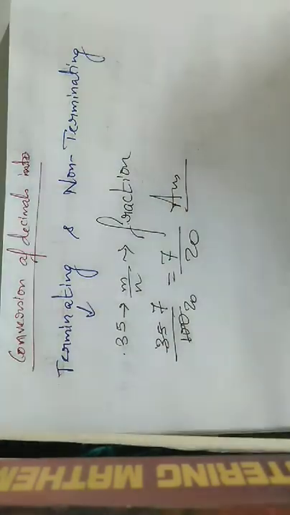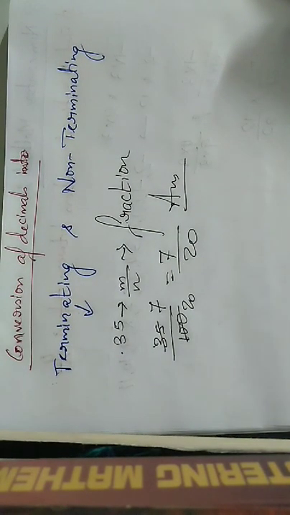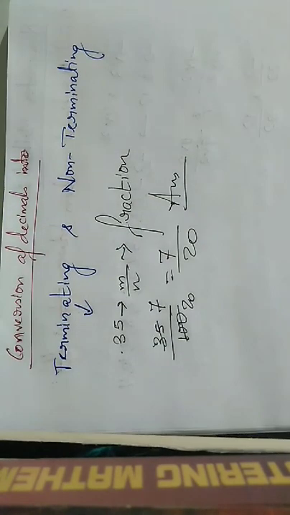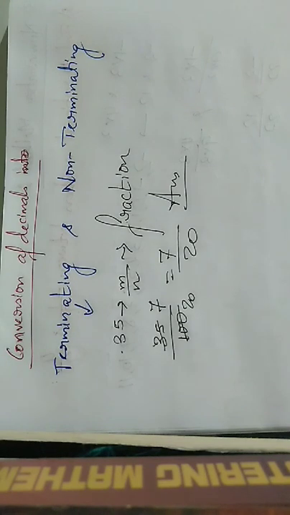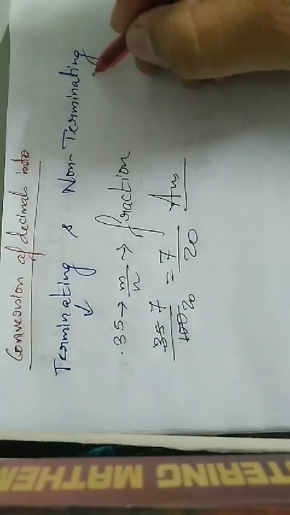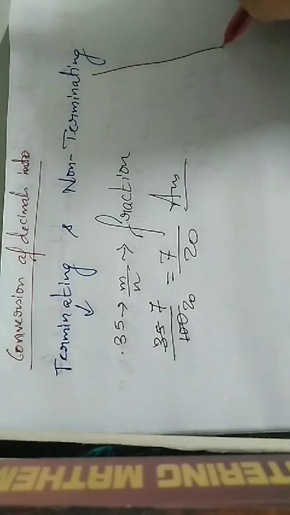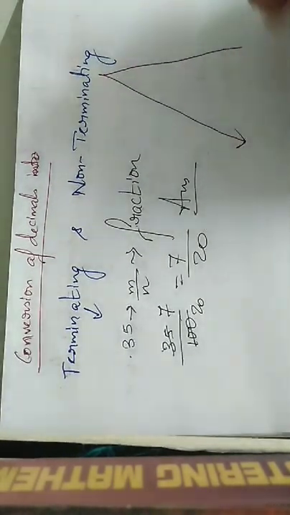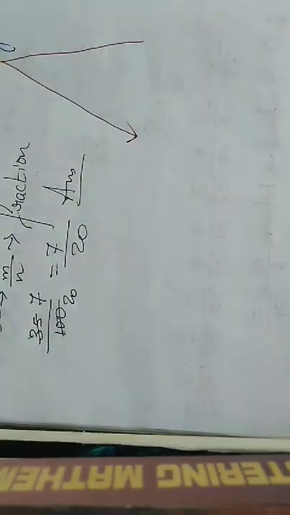Okay. Now, if we are talking about non-terminating decimals, these non-terminating decimals are of two types. So how do we classify them? Let's talk about type number 1.